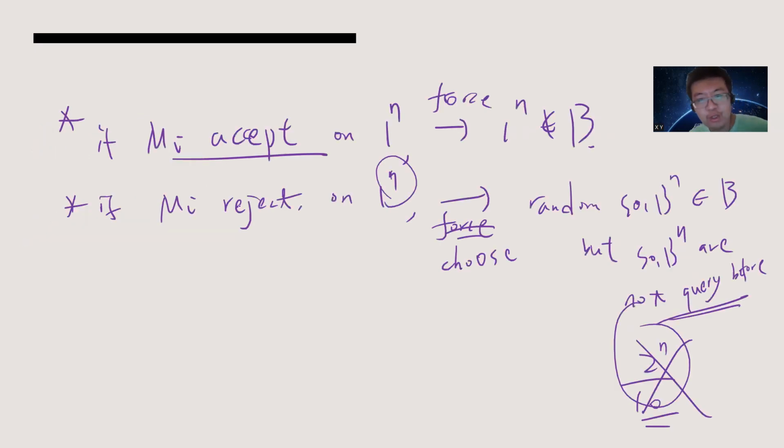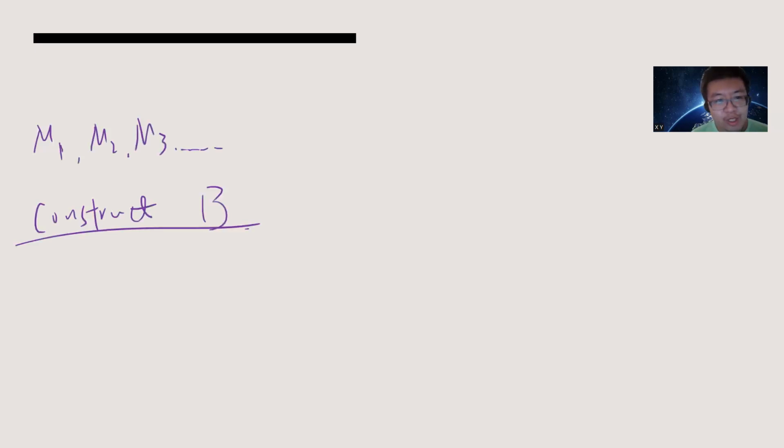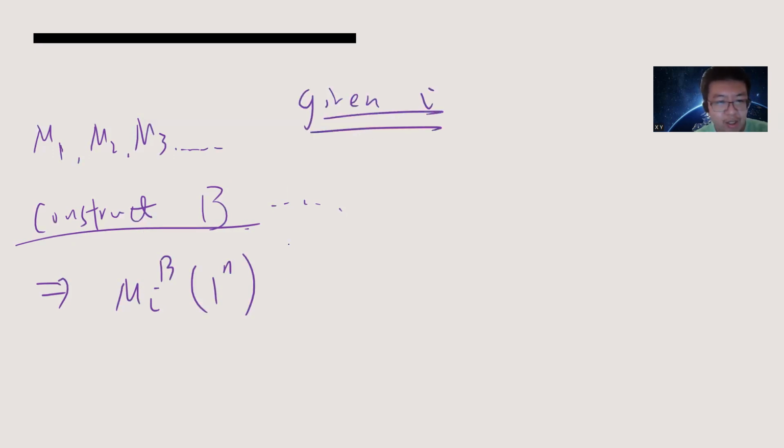You need to think a little bit and check that there's no logical inconsistency. So the claim is that you construct such B, and by definition you can check that given i, there always exists n such that Mi^B on 1^n is wrong.